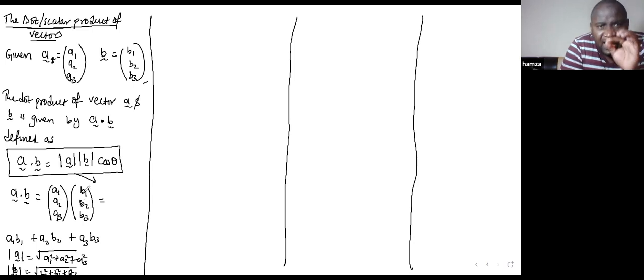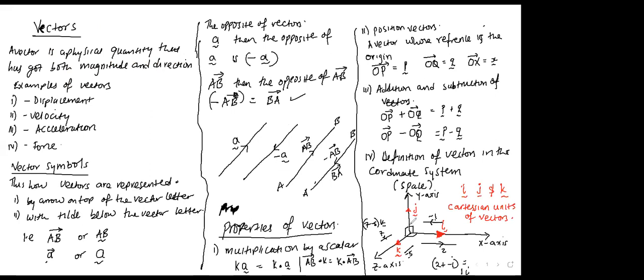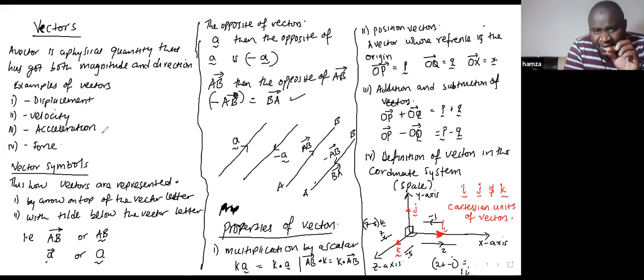The angle between the x-axis and the y-axis is 90. So if I say A1 dotted with B2, it will give me magnitude of A1 times magnitude of B2 times cosine of 90. Cos of 90 is 0, so the whole of this thing becomes 0.